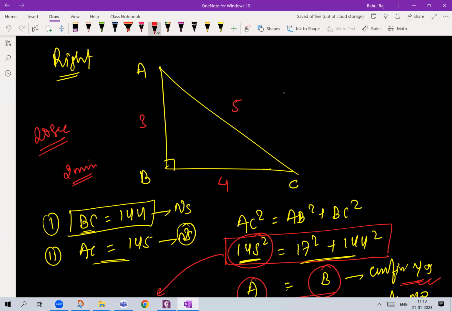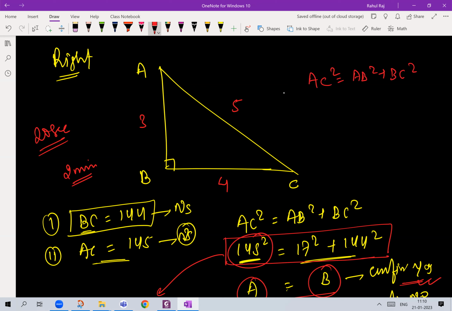Don't take such a big number as 17, 145, 144. For this to be a right angle triangle, AC square should be equal to AB square plus BC square, right?